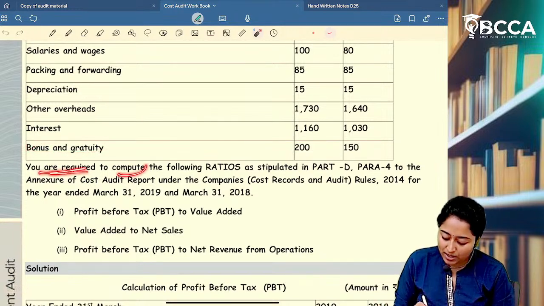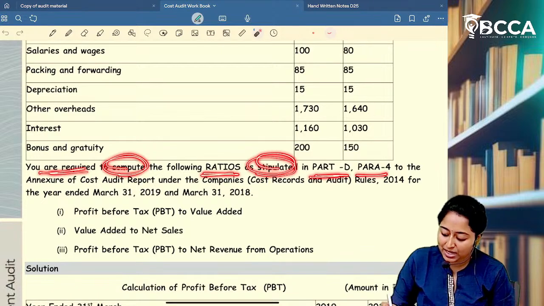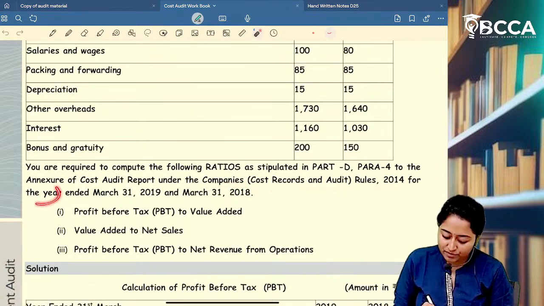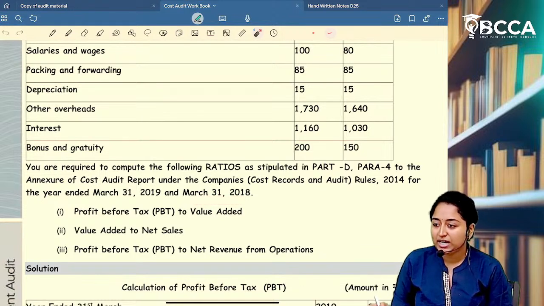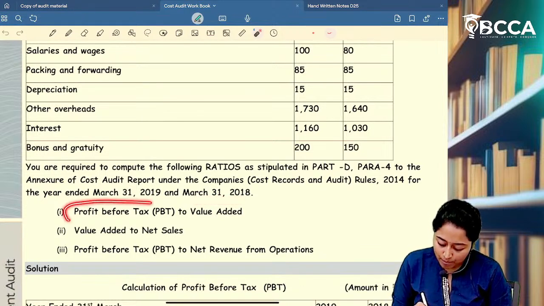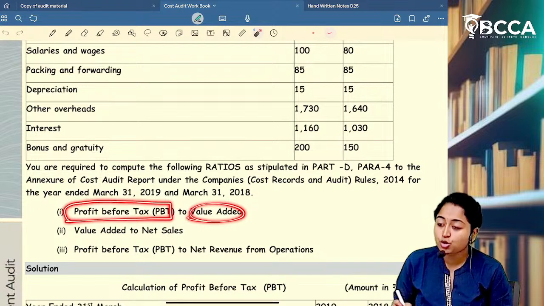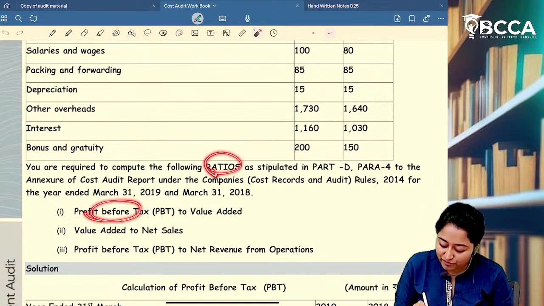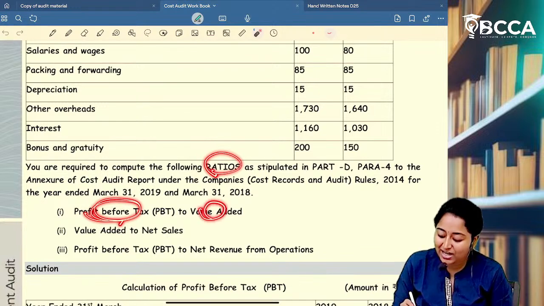You are required to compute the following ratios as stipulated in Part D, Para 4 to the annexure to the cost audit report under the Companies (Cost Records and Audit) Rules 2014 for the years ended March 31st, 2019 and March 31st, 2018. What have they asked? Profit before tax to value added. So we have to do the ratio for profit before tax total and value addition total.